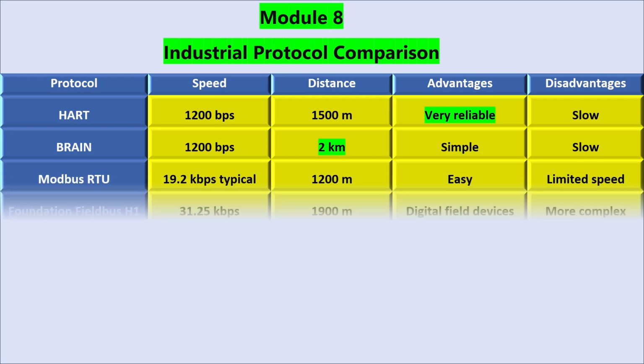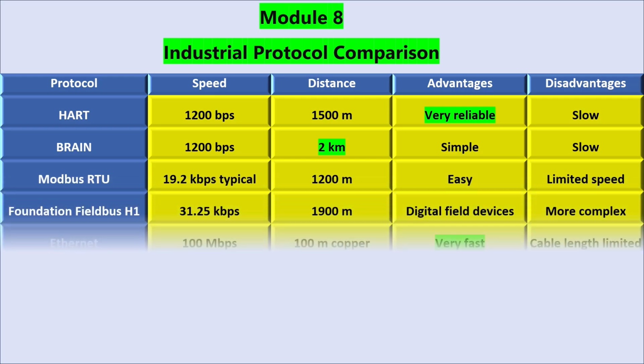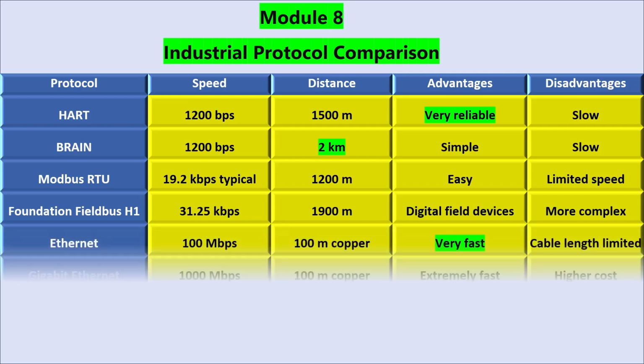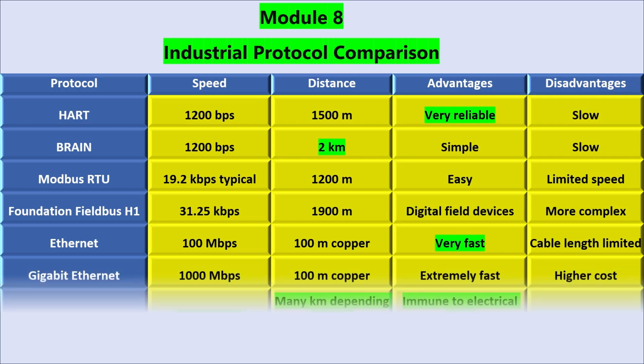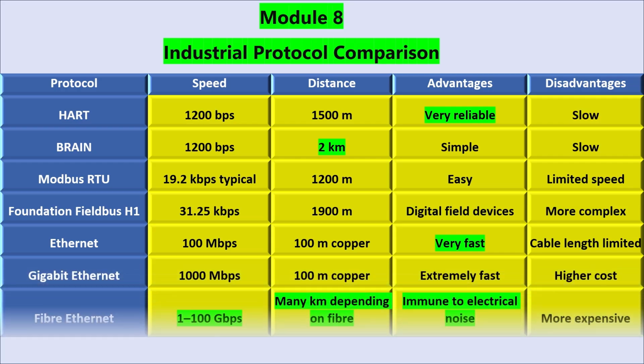Then Modbus, then Foundation Fieldbus H1, then Ethernet, then gigabit Ethernet, and then fiber internet. Look how fast that is, 1 to 100 gigabits per second, and you can go many kilometers depending on the fiber, immune to electrical noise, all good things.